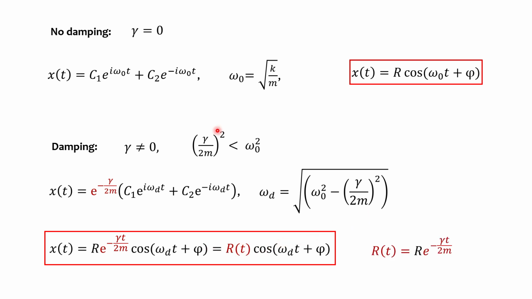Now, if you compare these two expressions, there are similarities. While in the undamped case, the amplitude remains constant and the system oscillates indefinitely with a frequency omega 0, in the case with the damping, the system oscillates with a frequency omega d, which is slightly less than the omega 0, and the amplitude is not constant in time, but decays exponentially over time.